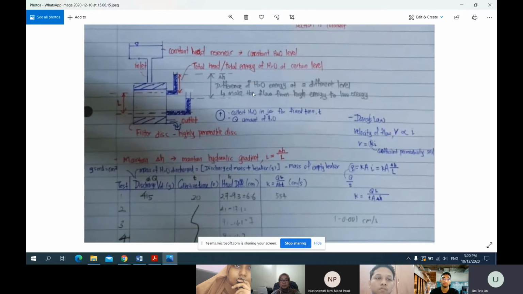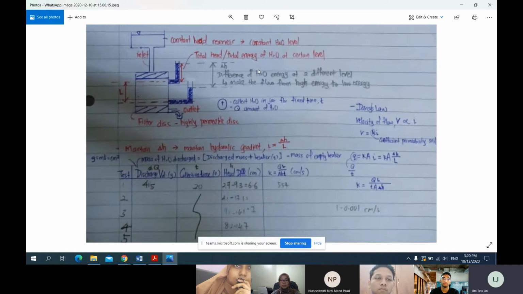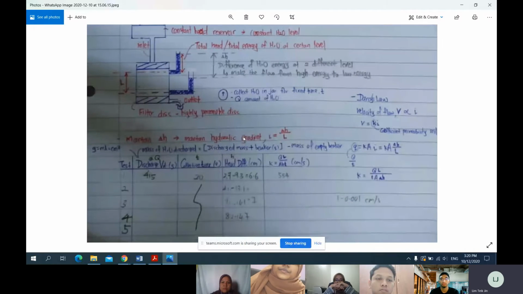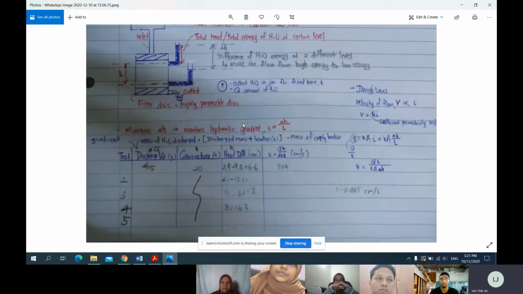When we get the data of discharge volume, collection time for the discharge volume, and the head difference, we will get the average permeability. And the result of the permeability is 0.578.